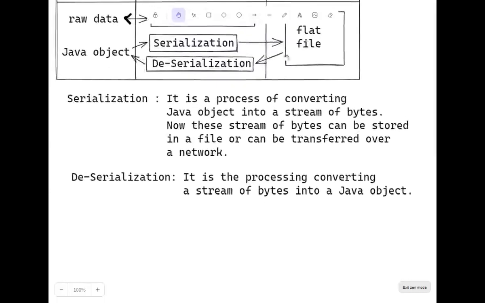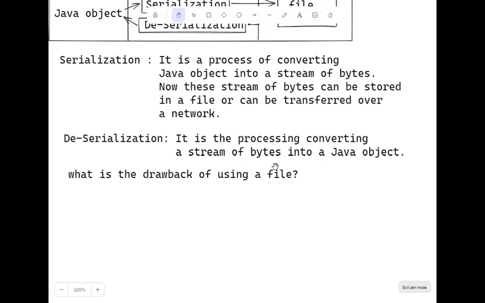Now, why don't we use a file? What is the drawback of using a file? Why don't we use a file in real-time projects? There are certain reasons.